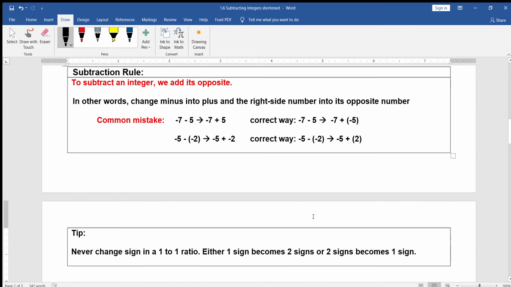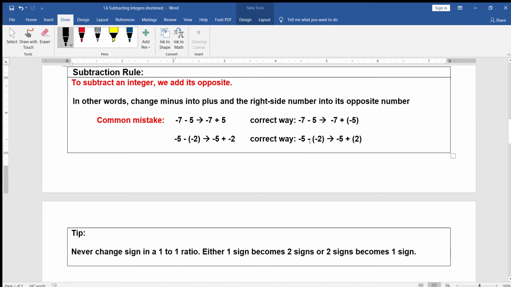Another way to think of the subtraction rule is that you're never going to change signs in a 1-to-1 ratio. Either one sign becomes two signs, or two signs become one sign. As shown here, one sign, minus, becomes a plus negative.